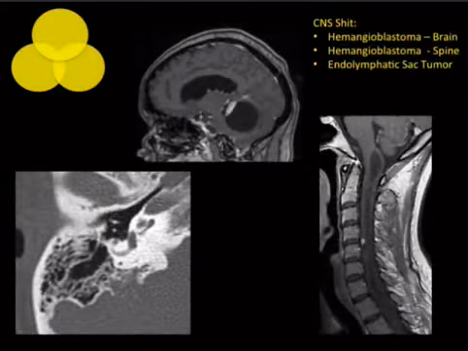And then in the head, we're talking about hemangioblastomas in the posterior fossa, this cystic nodule; hemangioblastomas in the spine, this guy right here; and the endolymphatic sac tumor, which is located at the vestibular aqueduct, where your endolymphatic sac is. You will get this repeatedly. I will hit this in the neuro lecture and in the renal lecture. So it's coming back multiple times.